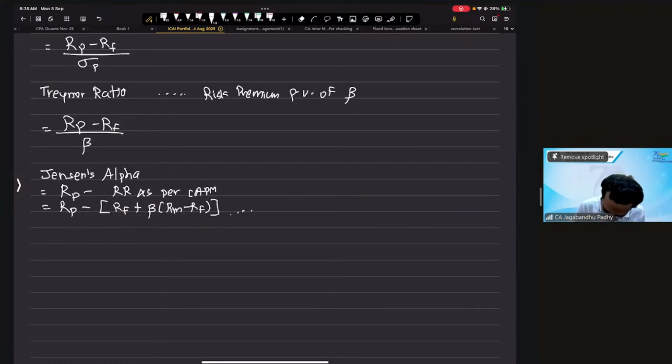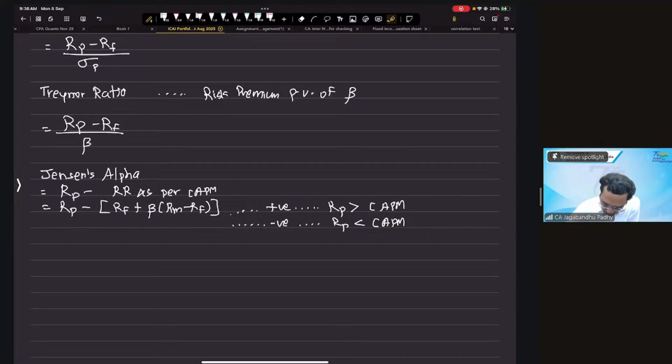Now if this Jensen's alpha is positive, what does this indicate? Can I say it indicates the return of our portfolio is more than the CAPM required return? If this is positive, we say the return of our portfolio is more than the CAPM return. If this is negative, then the return of our portfolio is less than CAPM return.